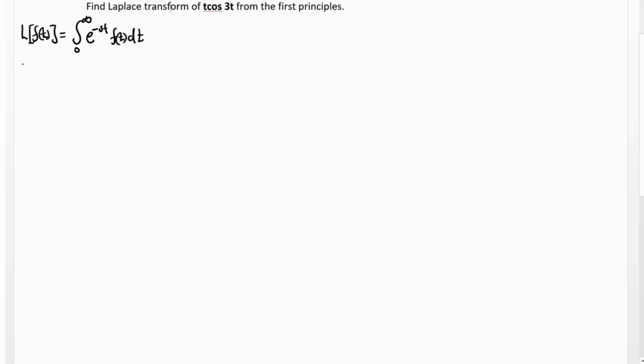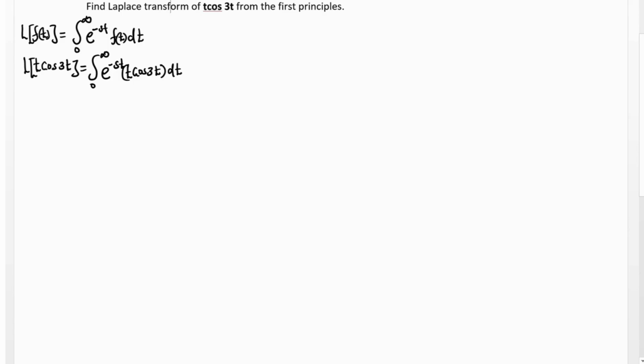Therefore, the Laplace transform of t cos 3t is given by integrating from 0 to infinity e raised to minus st t cos 3t dt.